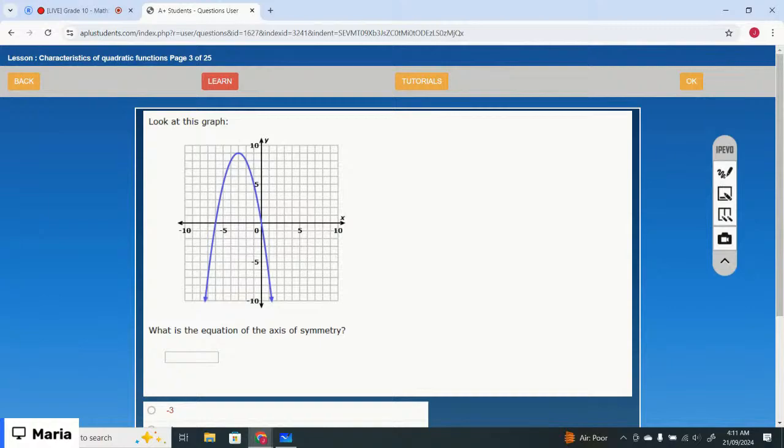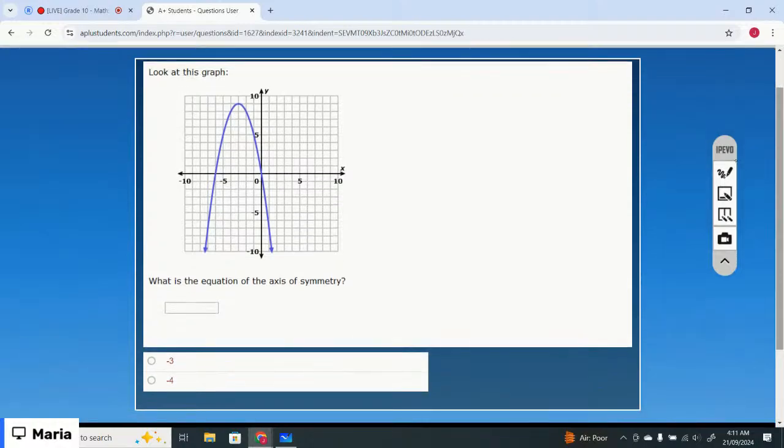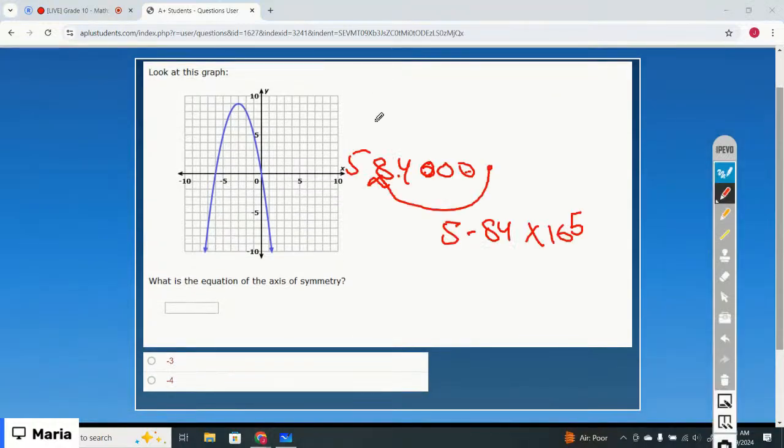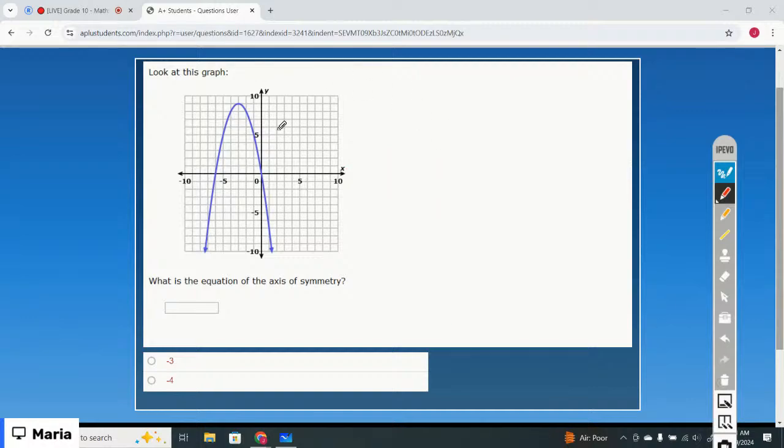Look at this graph. What is the equation of the axis of symmetry? So the axis of symmetry is this point, right? So just match it to the x-axis. This is the point that is the axis of symmetry, that is -3, right? So x equals -3. The equation of the axis of symmetry is x equals -3.